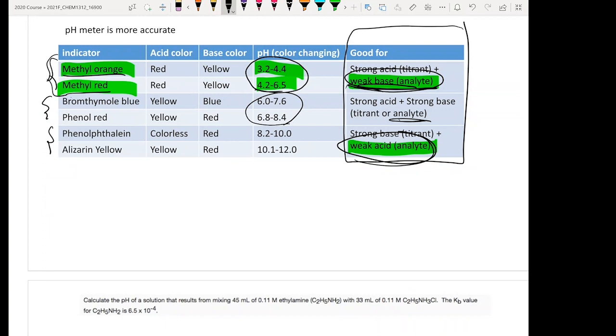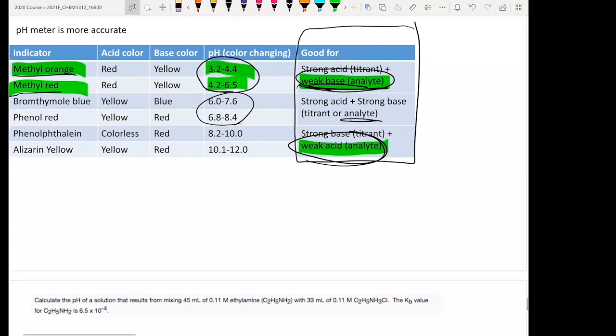Let's use the weak base as an example. The way I memorize these things is that if I have a weak base as my analyte, I can use methyl orange or methyl red.